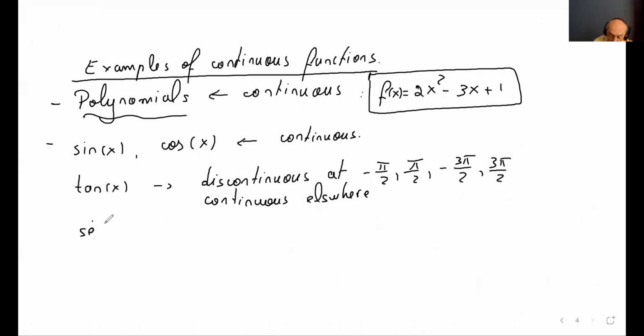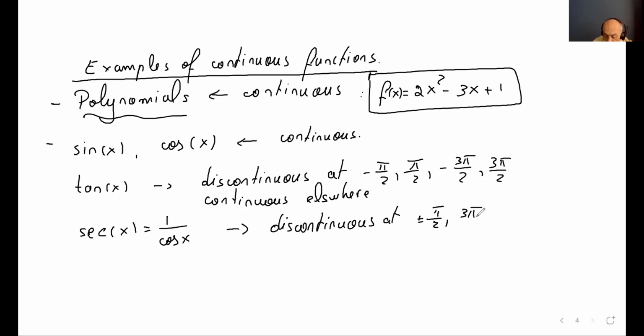Similar situation with secant x, which, by the way, everybody remember that secant is 1 over cosine, right, folks? It's also discontinuous at plus minus pi over 2, 3 pi over 2, and so on. So it is discontinuous there, but continuous elsewhere.